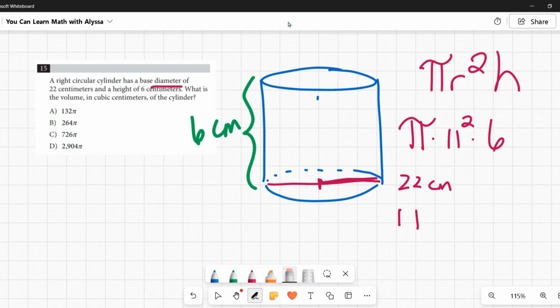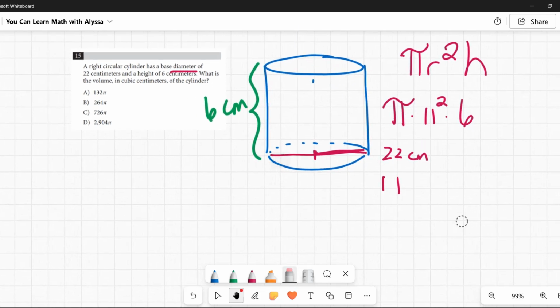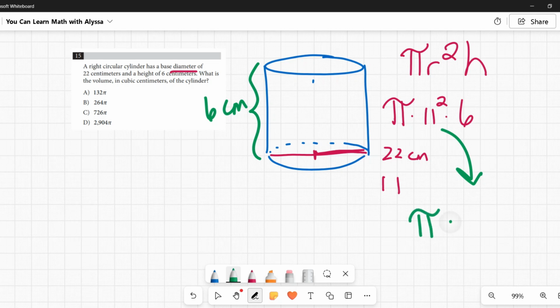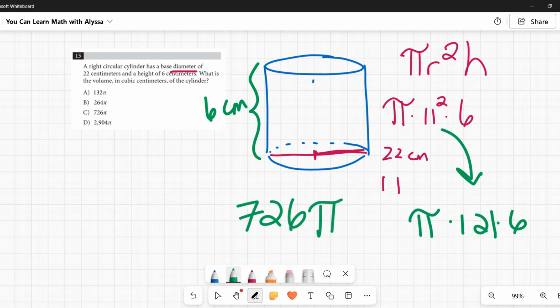Let me zoom out a little bit. I always run out of room because I write too big. So I'm going to bring this down here. Again it's pi, 11 squared is 121, times 6. 121 times 6 is 726. And that pi just comes along for the ride.